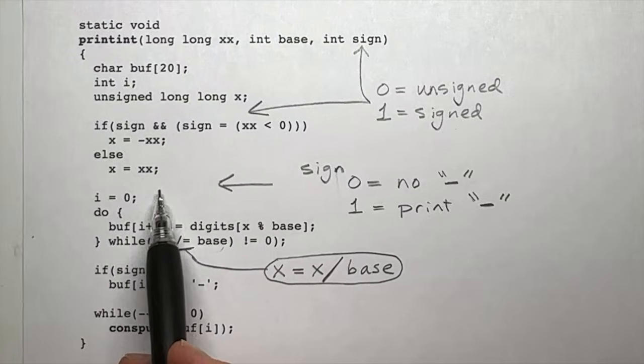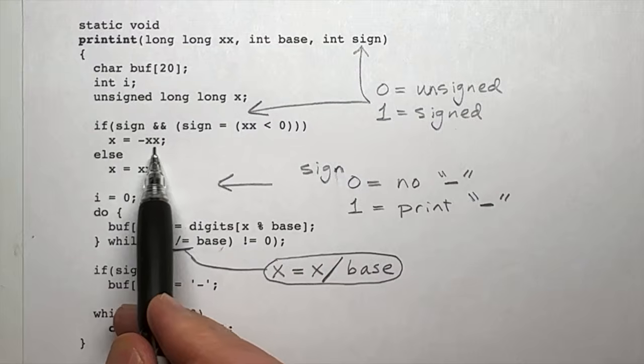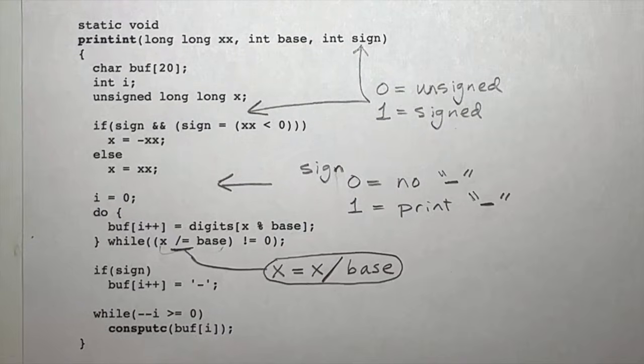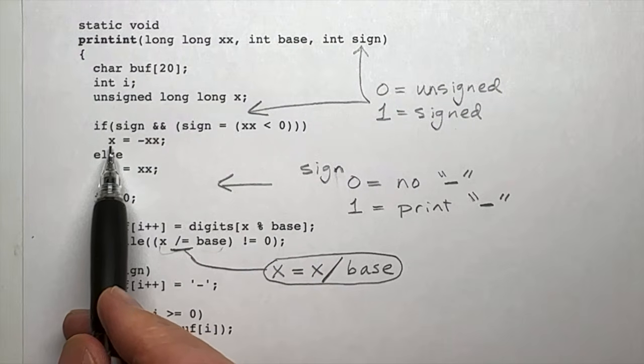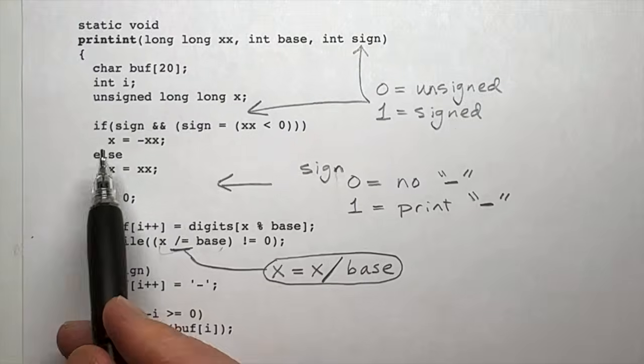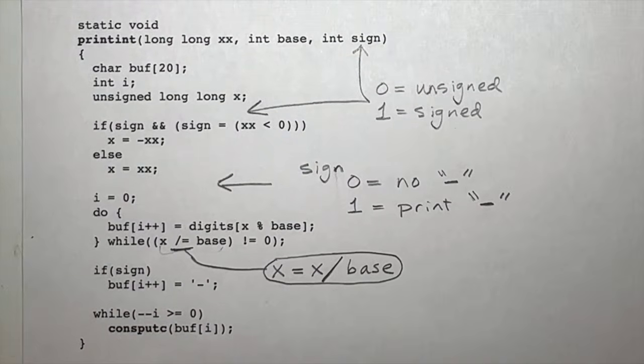Now I should mention that whenever you negate a signed number, it will fail when the value being negated is the most negative number. Negating the most negative number results in the very same value, no change. But when we convert that value to an unsigned number, it will become exactly the positive number that we need to print. So even that edge case is handled correctly.